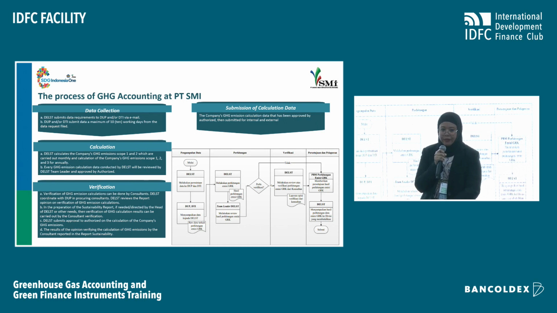The ESS division will calculate all the data that comes from the other divisions, and then it is verified by our team leaders. Also, for the needs of the sustainability report, we use the verification process. After verification is done, we submit all the calculation data, either internal or external.